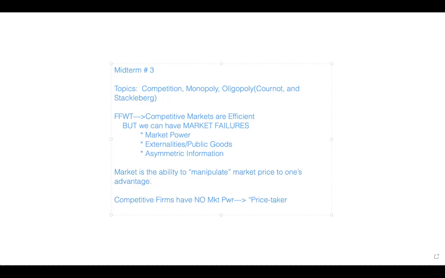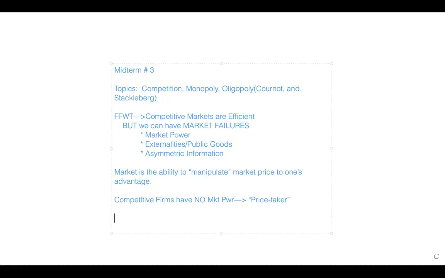You might have heard price taking behavior before as one of the descriptions for competition, but it just means the competitive firms are such a small part of the overall market that if they charge a price that's at all different from the market price, they won't be able to stay in business. So if they try to raise their price, which is what a firm would want to do, to bring in more revenue, to try to raise their profits.